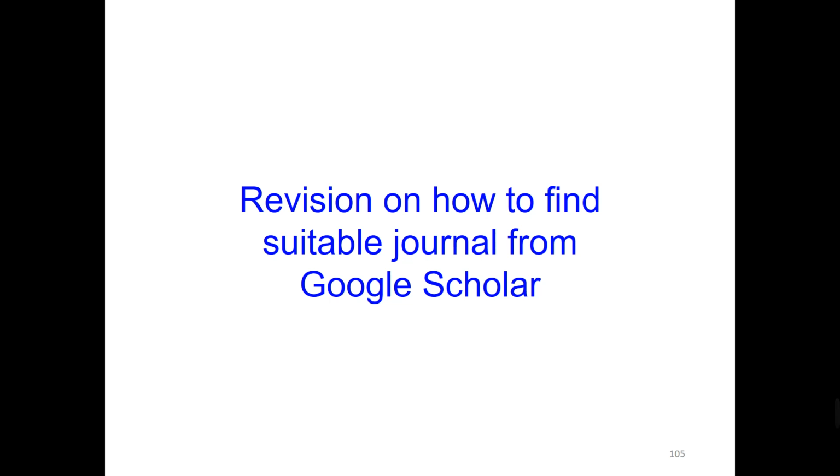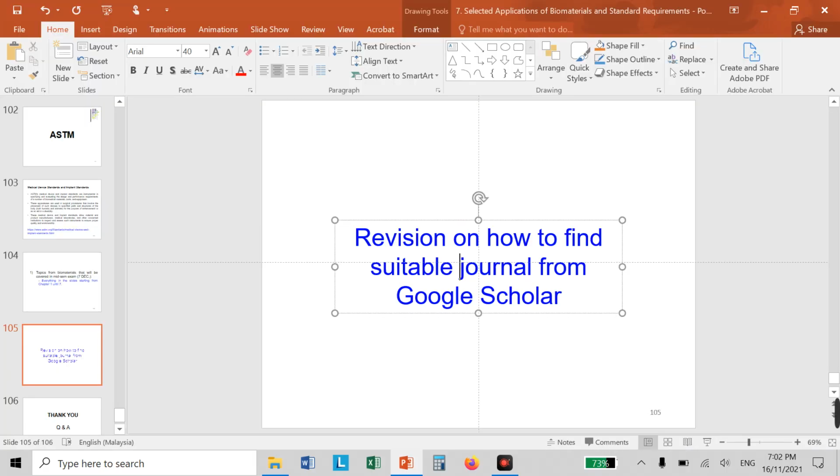My very last note for you is that I need you to be firm on 7 December to be in a very good environment with a good internet connection, because I will ask you to find a journal article from Google Scholar, for example.